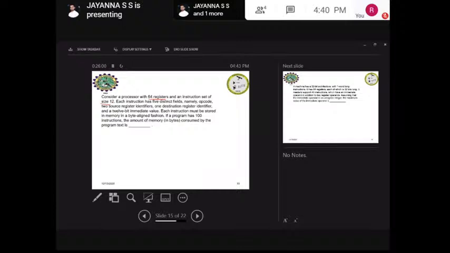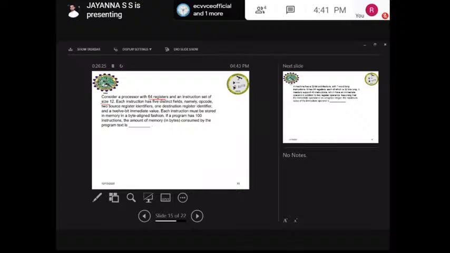Each instruction must be stored in memory in a byte-aligned fashion. If a program has 100 instructions, then the amount of memory in bytes consumed by the program text is how much? We have to calculate the total memory used for storing the 100 instructions.